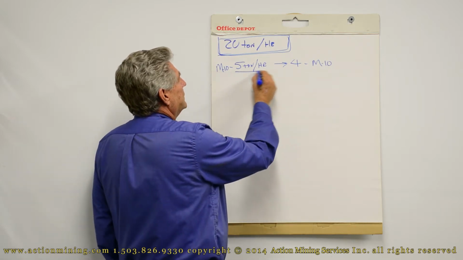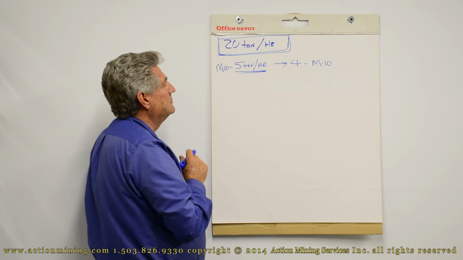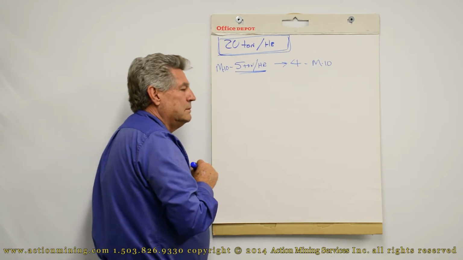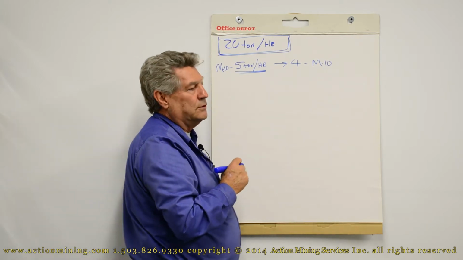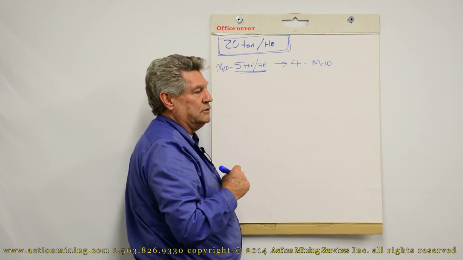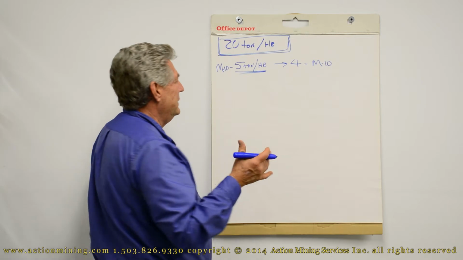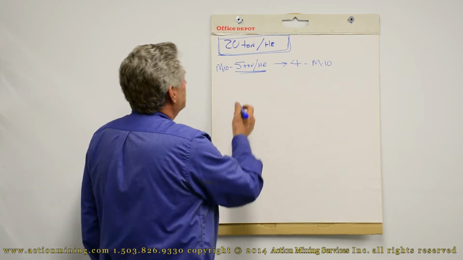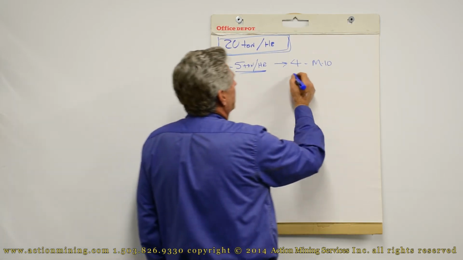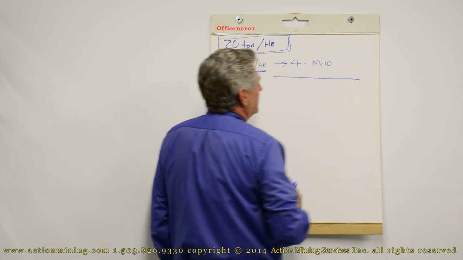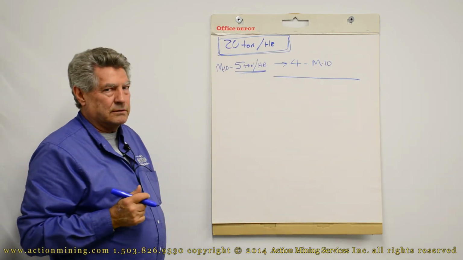This is the worst case scenario. Good ore that's ground somewhere around 50 to 100 mesh, it's quartz, doesn't have very much clay in it, you're probably going to be running around 8 tons per hour. But let's start here. Okay, now, how much concentrates can you handle?